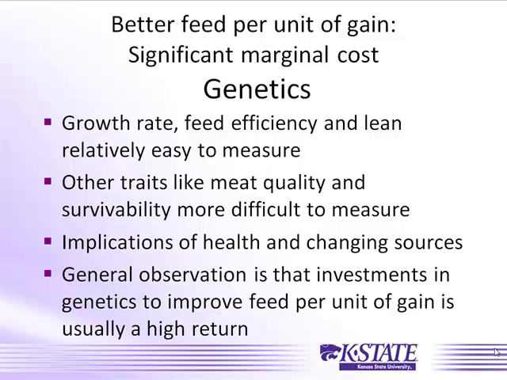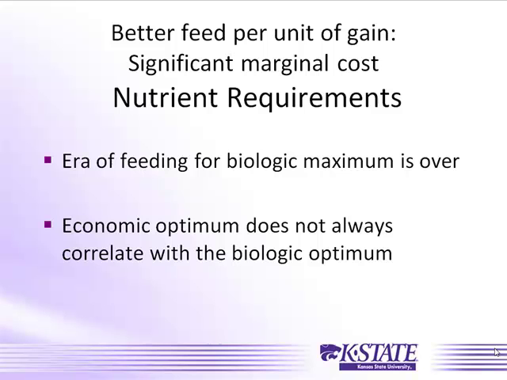Our general observation is that investment in genetics to improve feed efficiency is usually a pretty high-return activity. Actually, I should have asked Neil for a little check for giving him a plug on the genetics side. But unfortunately, you have to start with a good genetic base, and then we have to feed them right. How's that?